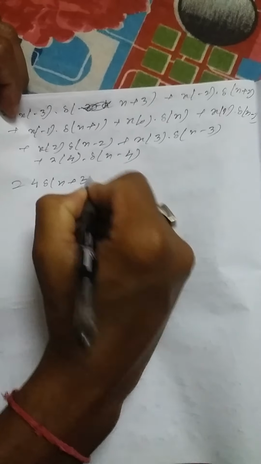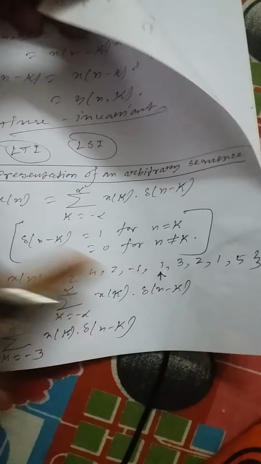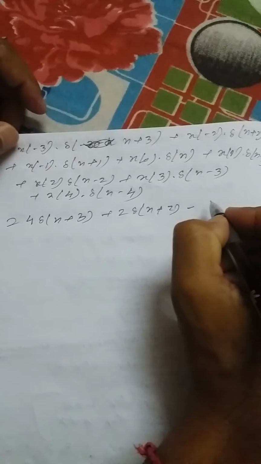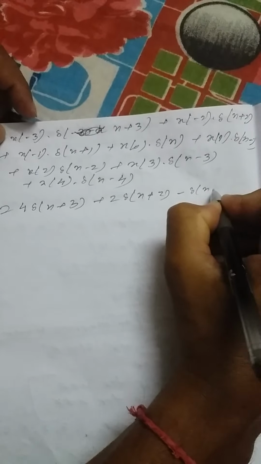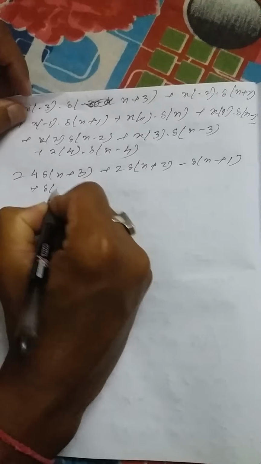Now just put in all the values of x. The first value of x is 4, so 4 delta n plus 3. The next value is 2, so plus 2 delta n plus 2. x of minus 1 is minus 1, so minus delta n plus 1. The value of x of 0 is 1, so plus delta n.